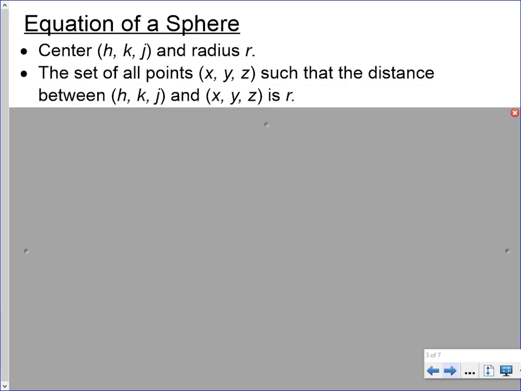A sphere, by definition, is a three-dimensional object in which the set of all the points x, y, and z that satisfy the equation are such that the distance between the center point h, k, j and all the points x, y, z happens to be the same, r. So you get that nice, smooth, spherical object.